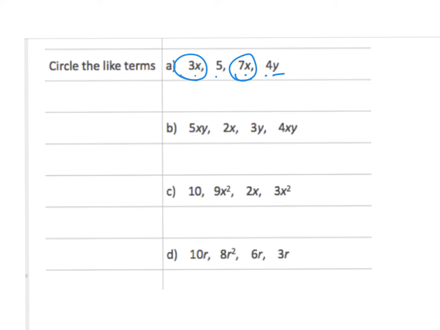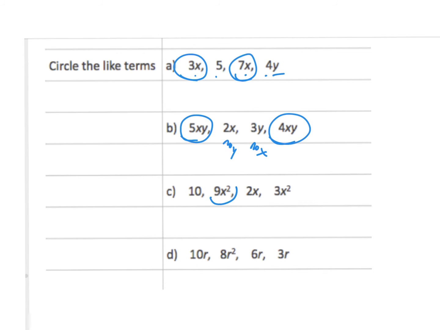Letter B is a little bit different. Remember, they have to look exactly the same. So 5xy and 4xy. 2x doesn't have a y, 3y does not have an x, so we can't use those. We also said that it has to be the same variable with the same power.